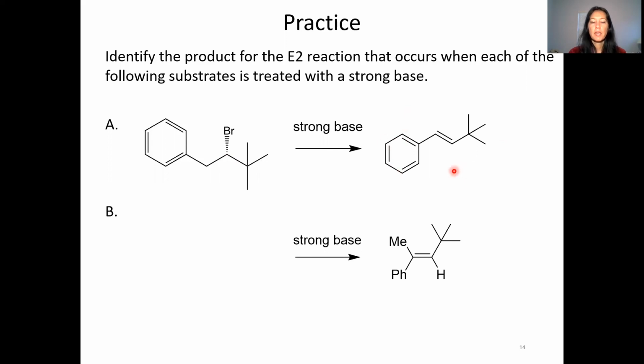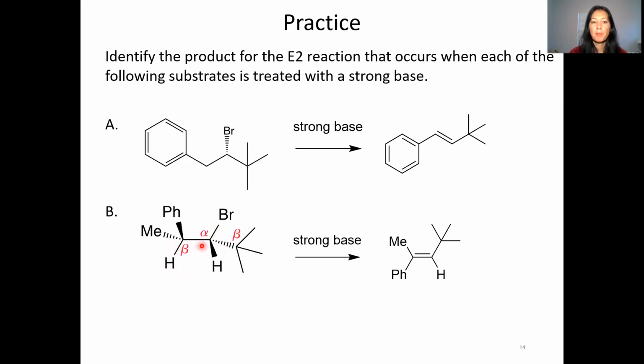The next is this compound. So this is a little bit different because now I'm showing you a bromine that can leave, and this hydrogen doesn't come into play because it's on that same carbon. I need the hydrogen one more away so I could deprotonate.